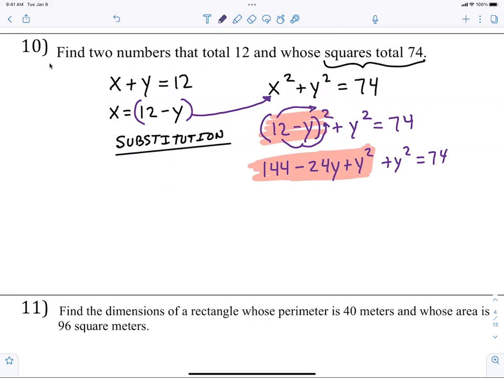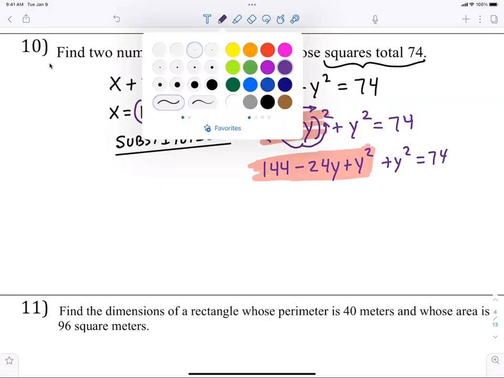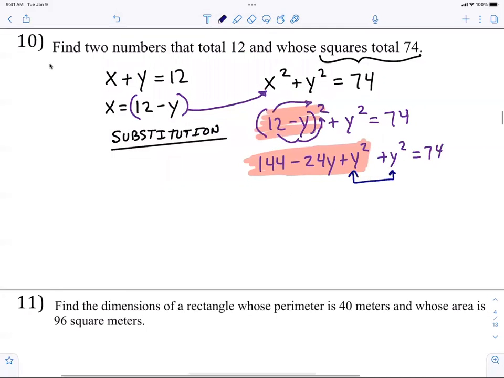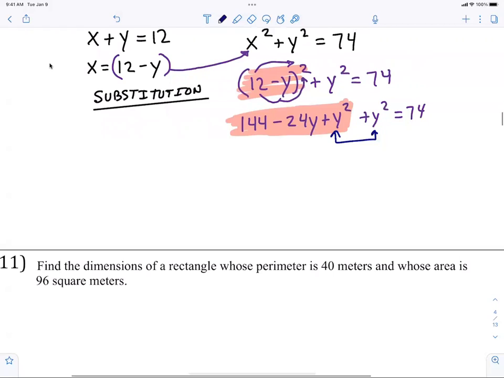Okay, so now let's combine some terms here. What's y squared plus y squared? 2y? Yes, 2y. No, 2y squared. All right, remember when you're adding things, things don't change. If you have an apple and an apple, you have two apples. You don't have two apples squared.